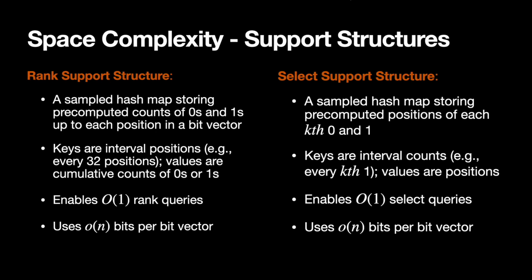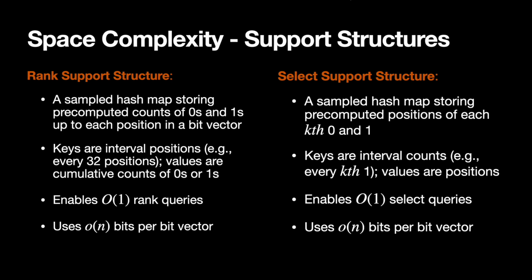Now, the support structures I'll mention briefly, not in detail, but they're very similar. The rank support structure is a sampled hash map, which I believe we've discussed in class, which stores pre-computed counts of the zeros and ones up to each position in a bit vector. The keys for this dictionary are the interval positions, and the values are the cumulative counts of zeros or ones.